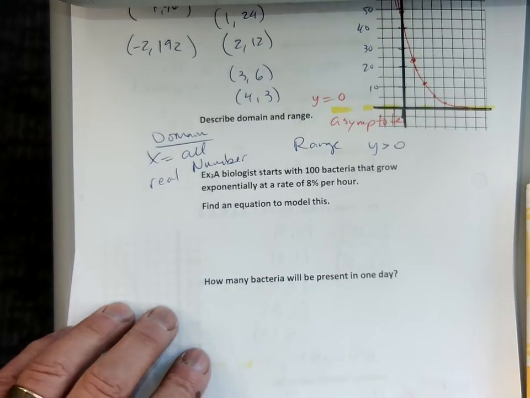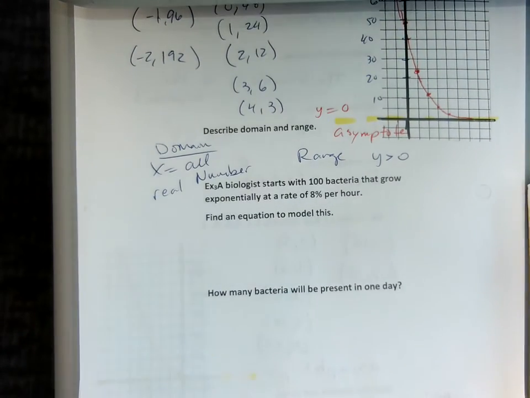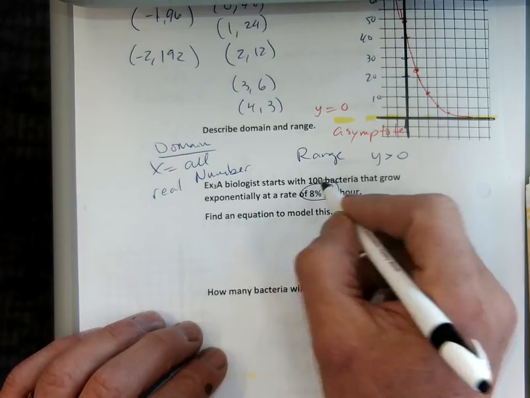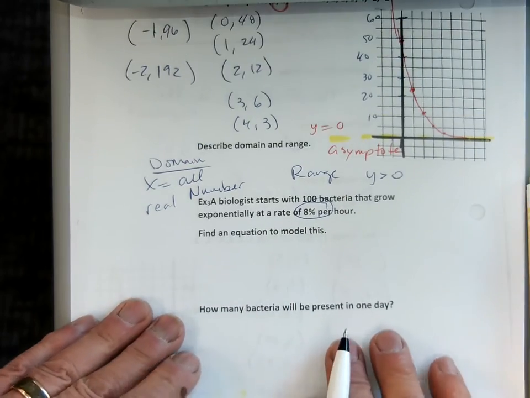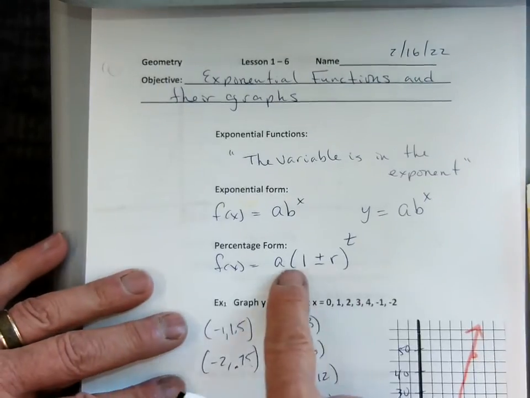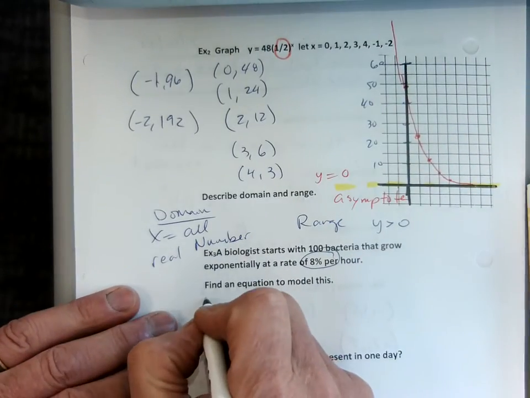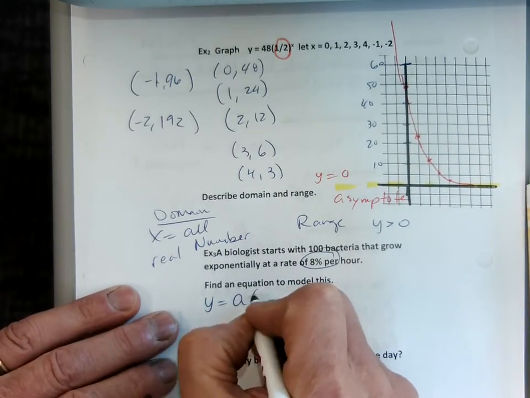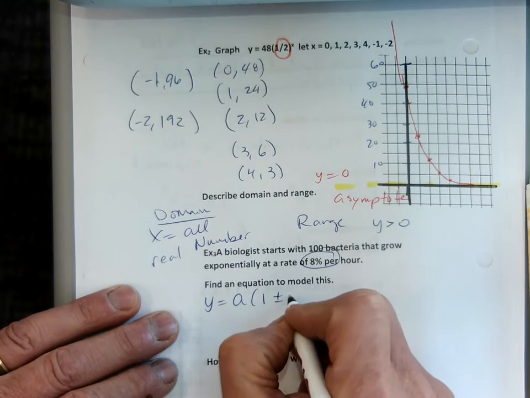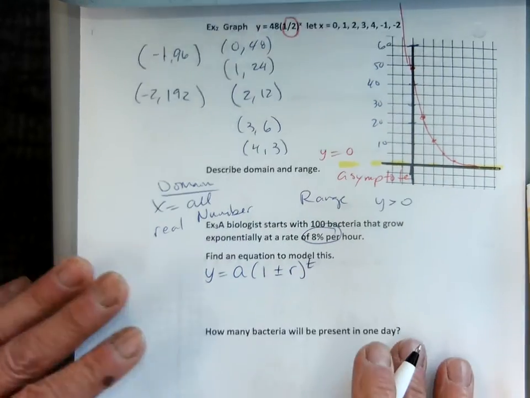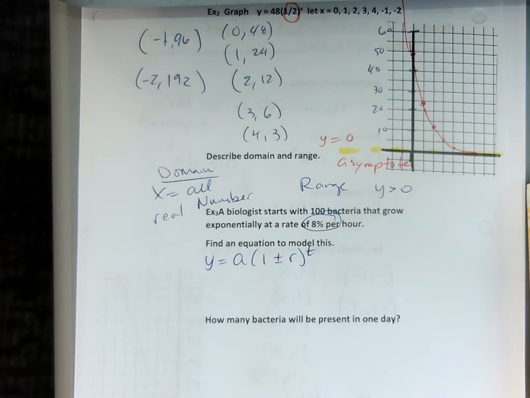Okay, example 3. Let's do this one. I've got a percentage. You see that? I've got a percentage, so I want to use this formula. I want to use my y equals a(1 plus or minus r) to the t power. I want to use that equation because I got a percentage.